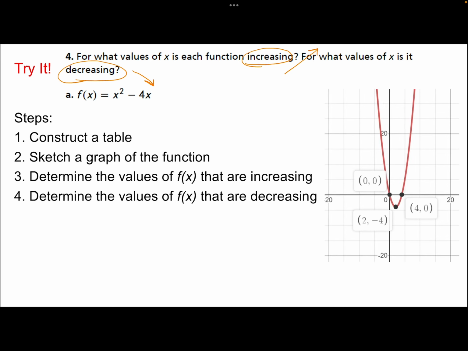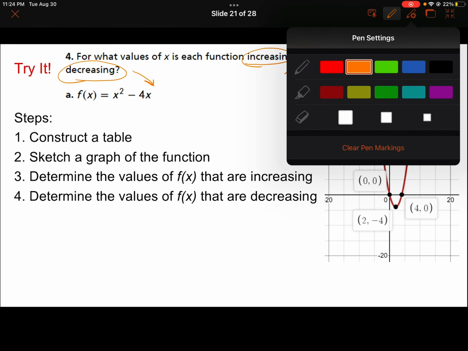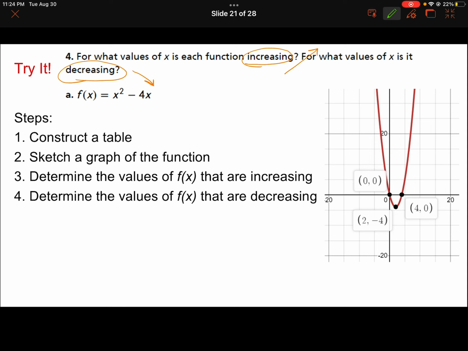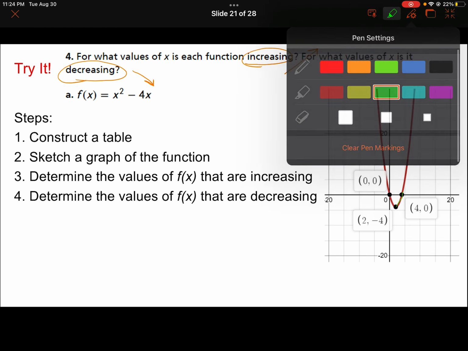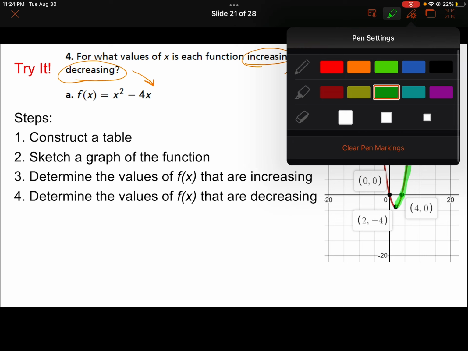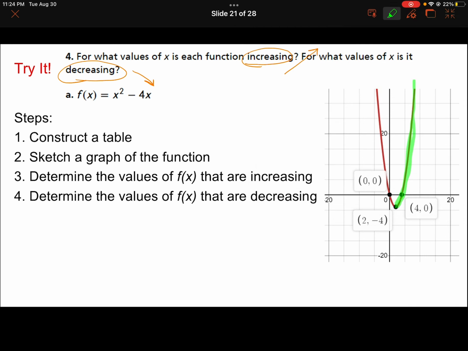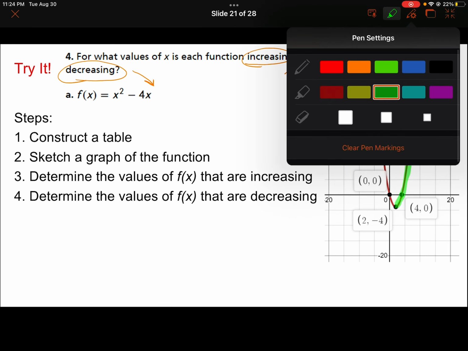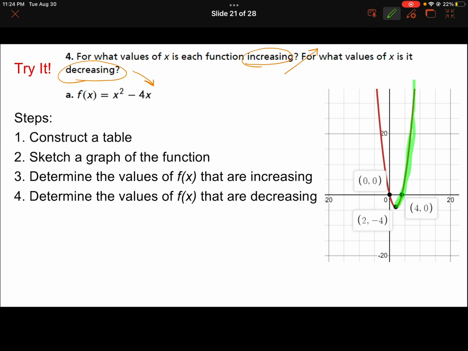So let's look at where it's increasing. So we see that this part is going upwards. Okay, where is it starting? All right, so it starts at, what's my x value over here?